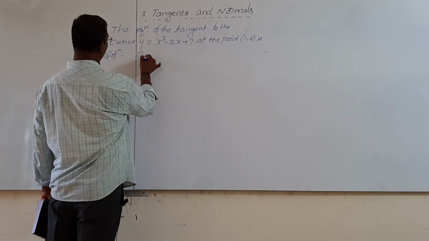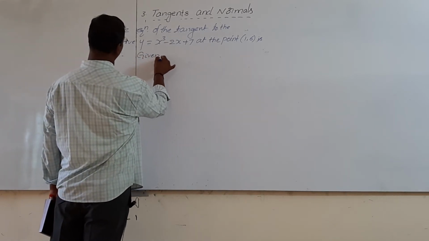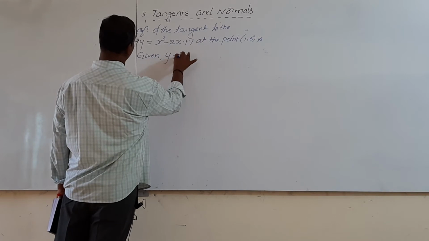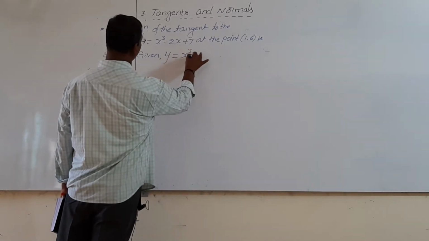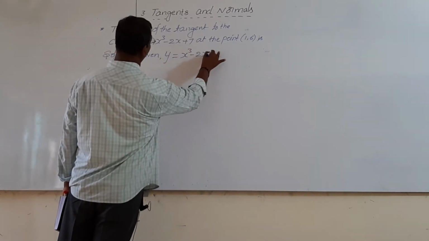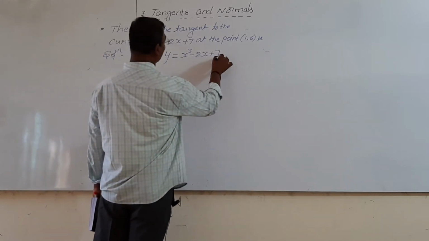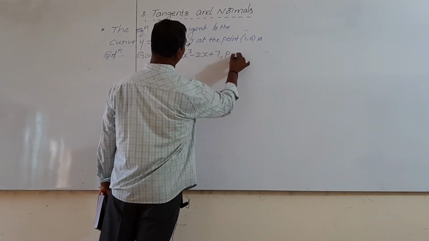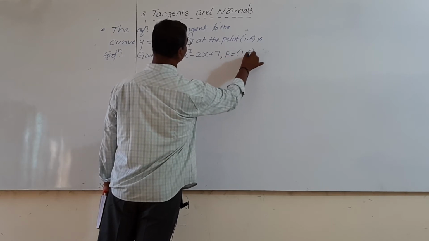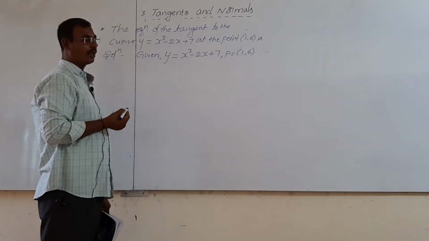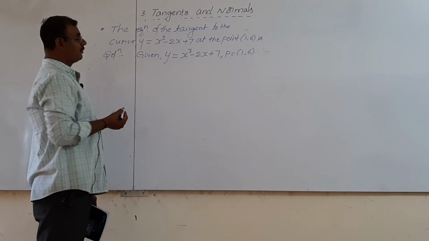So the given curve is y is equal to x cube minus 2x plus 7. This is the given curve. What is the point? Let us take P(1, 6). Now find the differentiation.